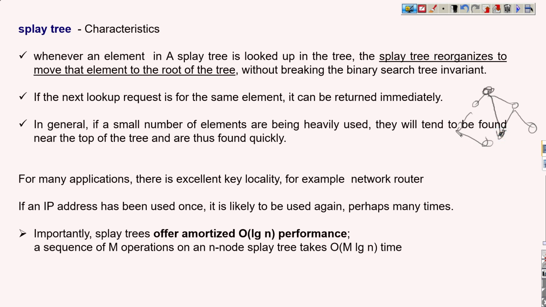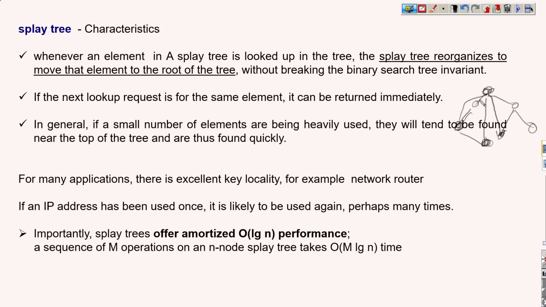And let's say next time you want to search this element, then this element is going to move upward and become the root. In the next time, if you search this element, then it is also going to move upwards and become the root. So what is the impact of this?